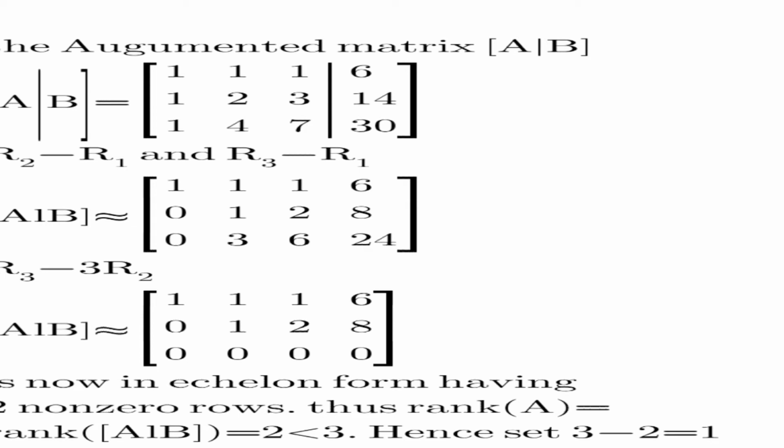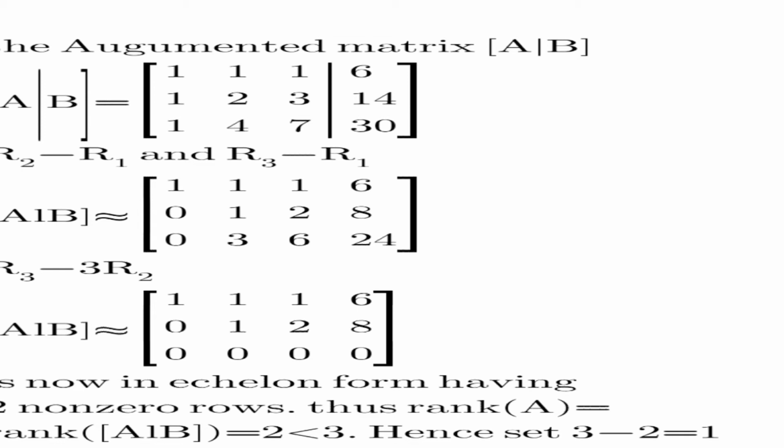So 24 minus 24 is 0. Now if we consider the AB matrix, the first row is 1 1 1 6, the second row 0 1 2 8, and the third row is 0 0 0 0. So it is in the echelon form.